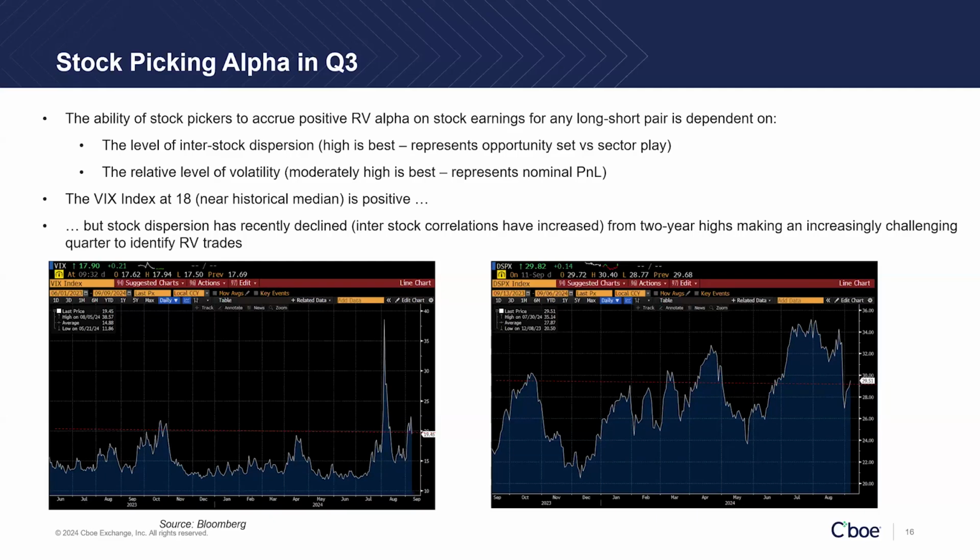So basically, the general takeaway is that as stocks become more correlated, it becomes much more difficult for stock pickers to generate alpha. The reason why is because even though you might be picking, let's say, the correct long short pairs, you're not really getting rewarded for it because stocks are fairly moving in unison.